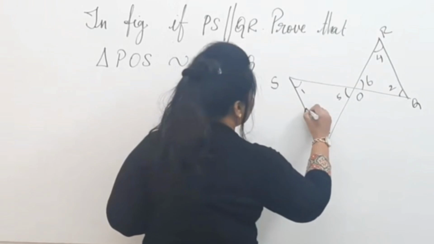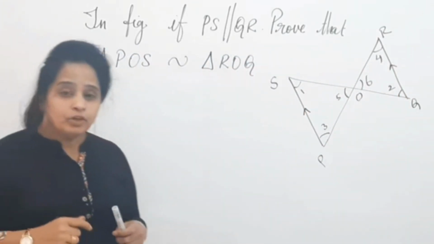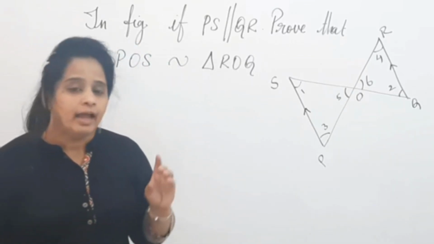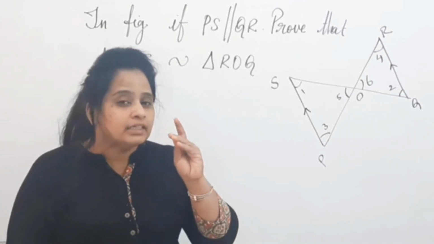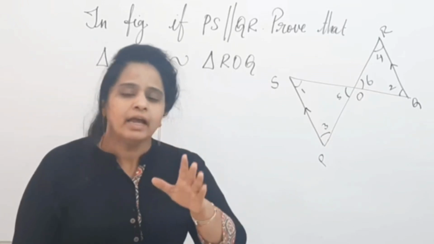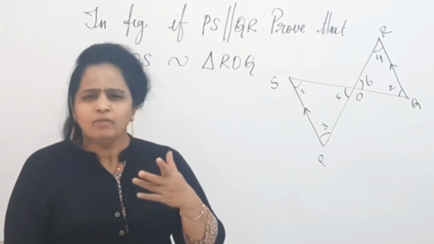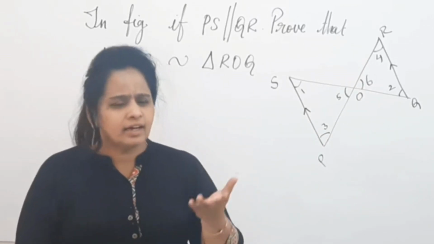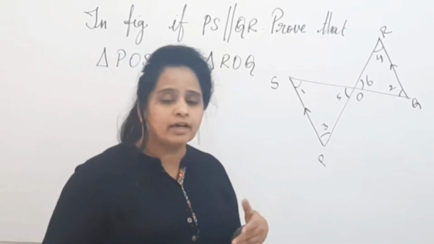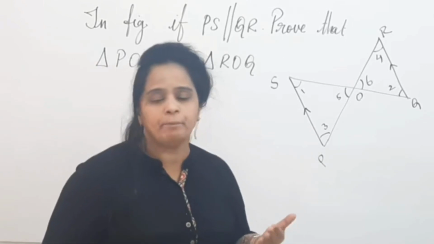Children, we recollect that when two lines are parallel, all three possibilities are applicable. Any one of these possibilities happening means the angles are equal: alternate interior angles are equal, corresponding angles are equal, and co-interior angles are supplementary.